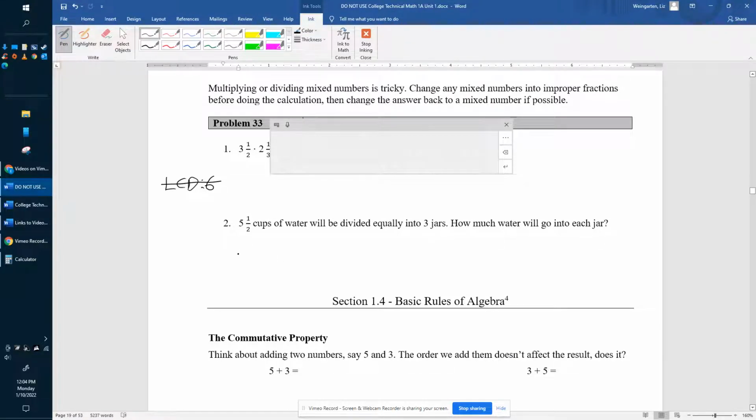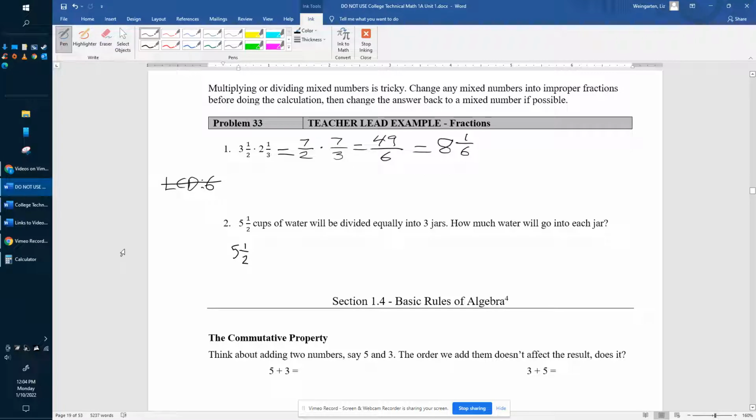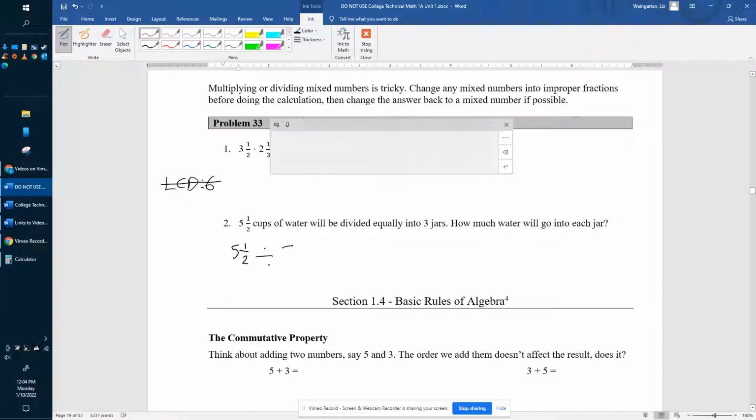So we're going to take our 5 1/2 cups, and we are going to divide it by 3. So this is 5 times 2. We've got to turn it into an improper fraction. That's going to be 10. Add the numerator.